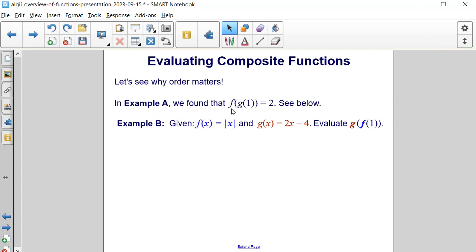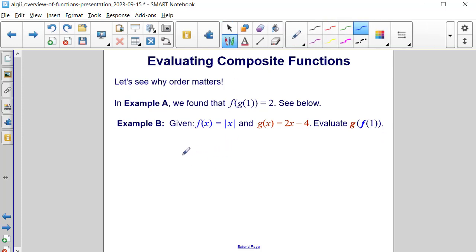In example A, we found that f of g of 1 is equal to 2. Now let's actually see what g of f of 1 gives us when we evaluate it. So we're going to start with the inside, and we're going to do f of 1. That's going to be the absolute value of 1, which is 1.